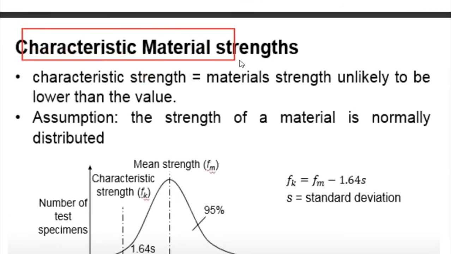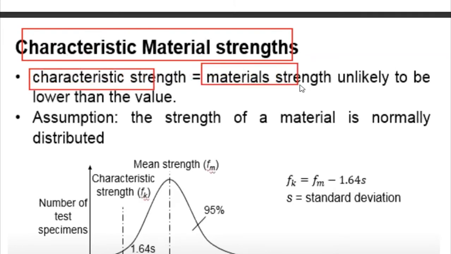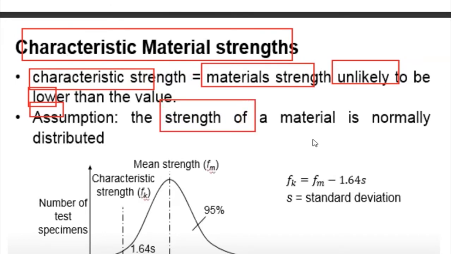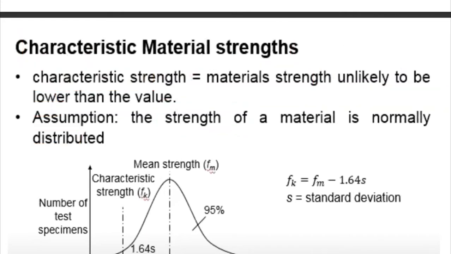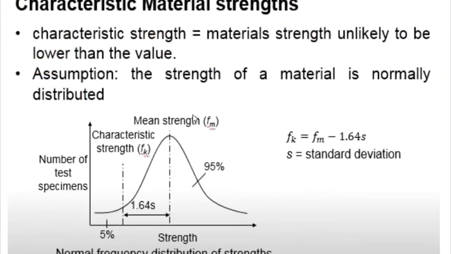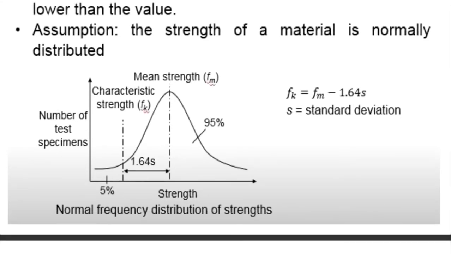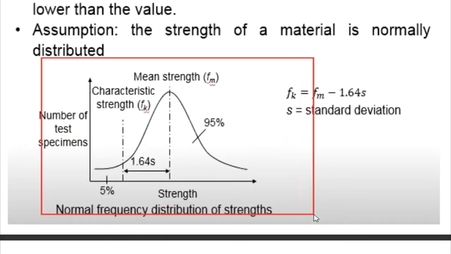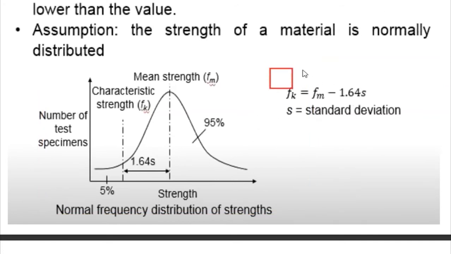Now, the characteristics of the material. The characteristic strength of the material means the material strength is unlikely to be lower than the required value. Now, the assumption for the strength of the material is a normal distribution curve, as described below here. This is the curve for the characteristic strength, in which the characteristic strength is considered as the mean minus 1.64 times the standard deviation.